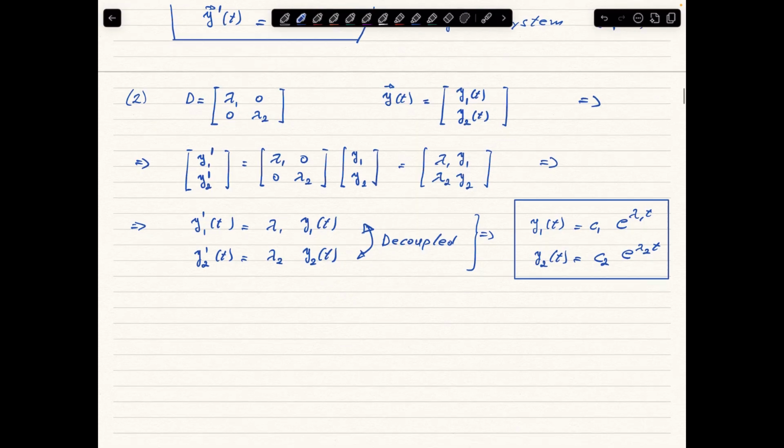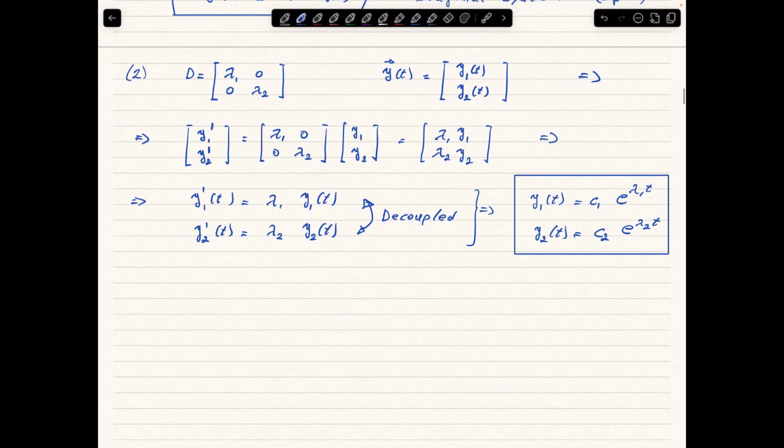Alright, so now we can write the solution in actual vector form. So let's do it here. The vector y of t is then a vector with c1 exponential lambda 1 t, and here we have c2 exponential lambda 2 t.